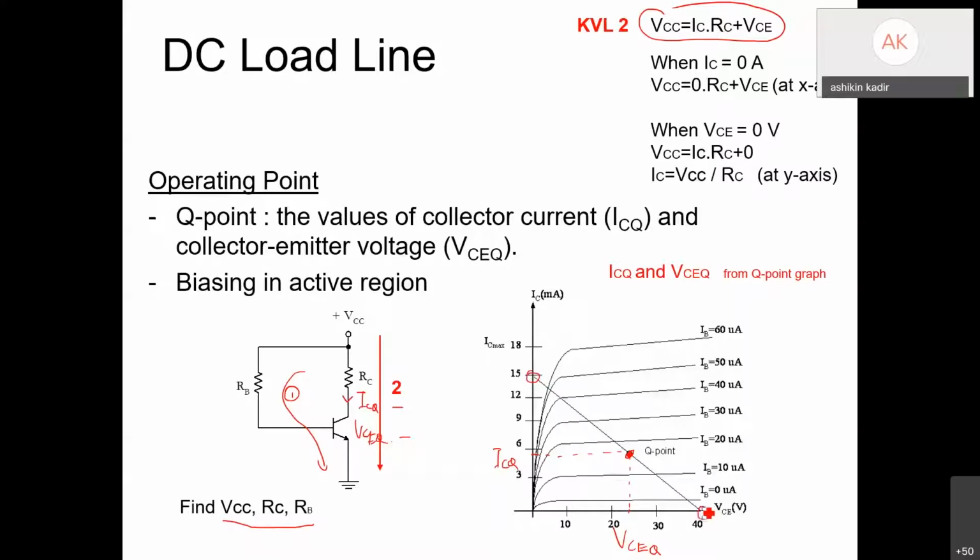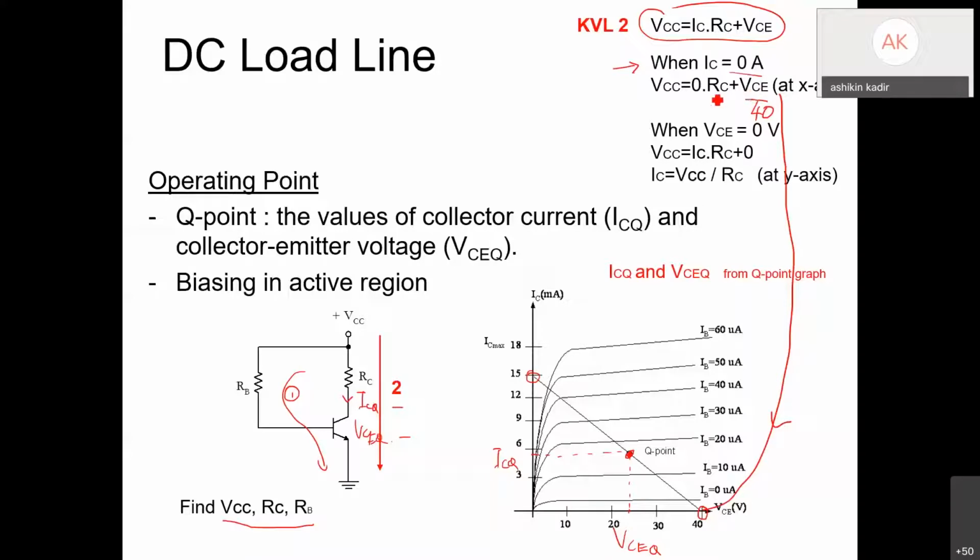Here is also another trick. When your IC equals 0, your VCE is 40. So you put the values inside the KVL: IC equals 0, VCE equals 40. From this point, you get one value over here.